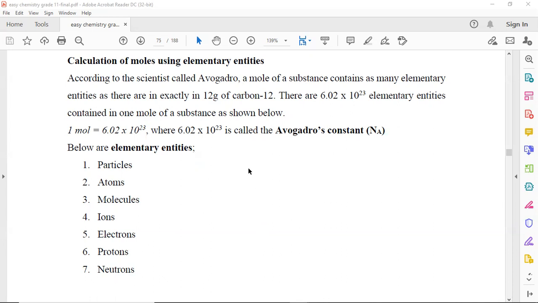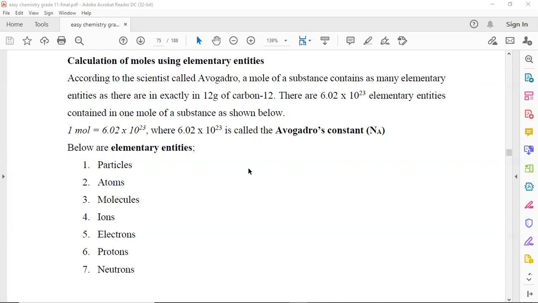And this was a study that was done by a scientist by the name of Avogadro. Avogadro stated that one mole of a substance contains as many elementary entities as there are in exactly 12 grams of carbon 12.